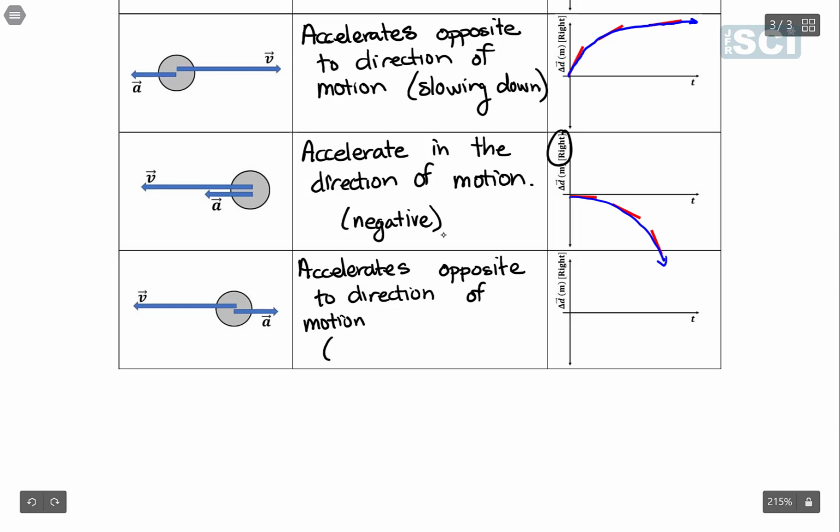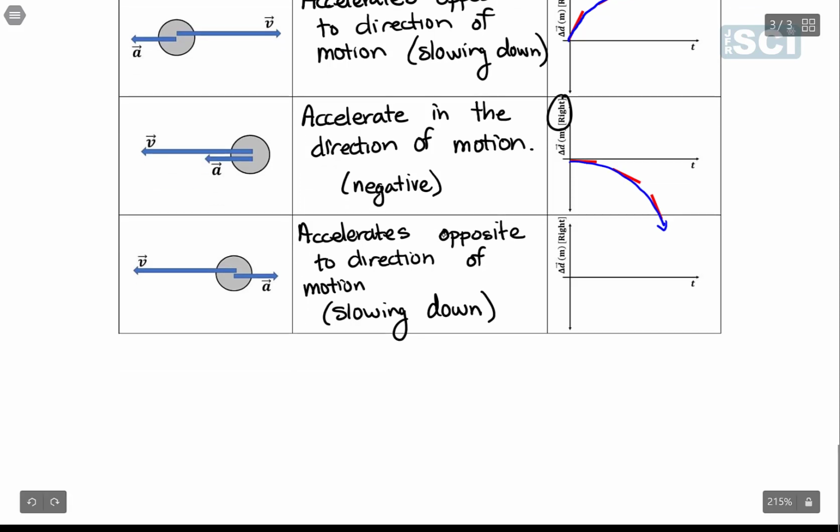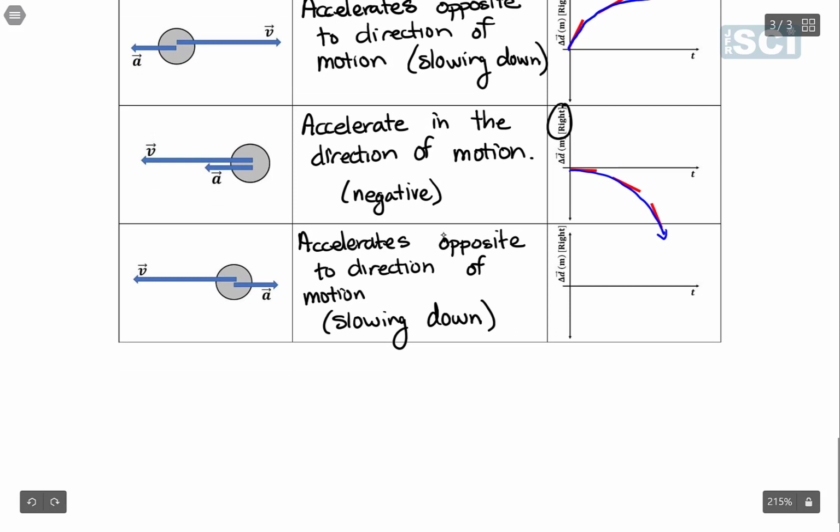And in this case, again, if these are in opposite directions, it's slowing down, which means the steepness of my line gets shallower and shallower. So I start out with a line that is very steep in the negative direction. It's going fast in the negative direction, but it's getting less and less steep. So the shape would be something like that.